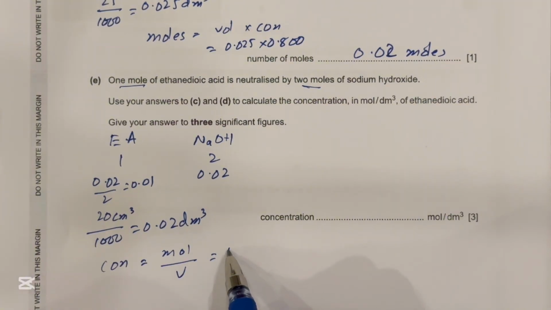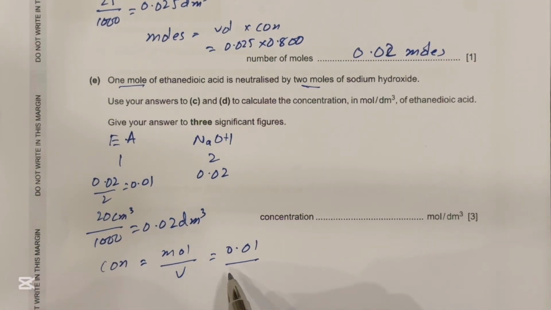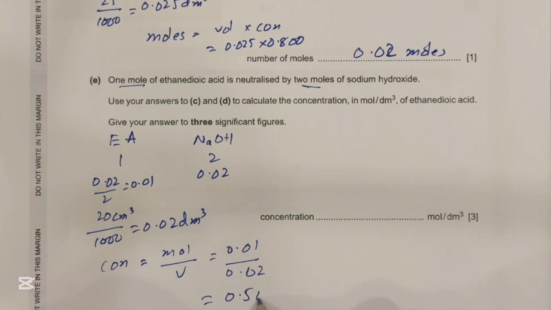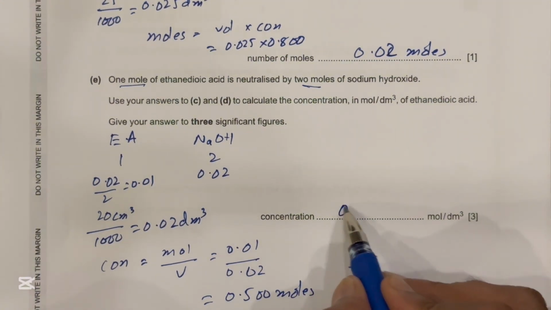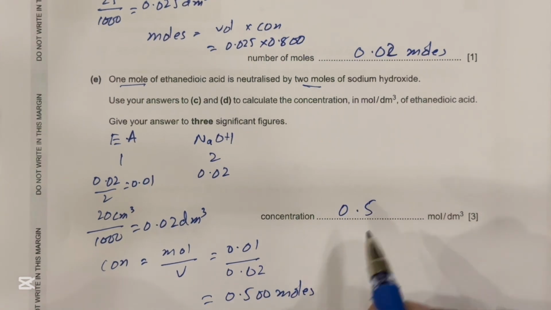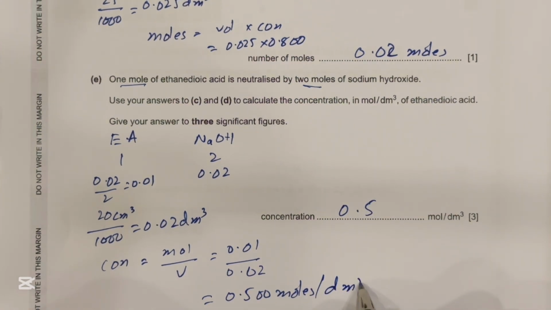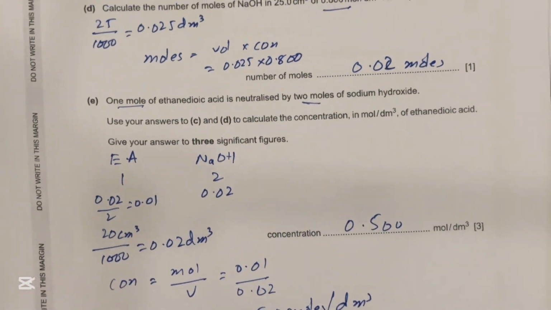The moles is 0.01 for ethanedioic acid and its volume is 0.02. After dividing, we get 0.500 moles, and you can write it here, 0.500 mol per dm³. This is the concentration.